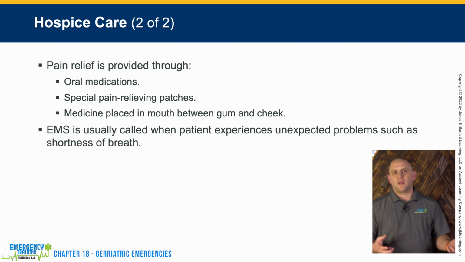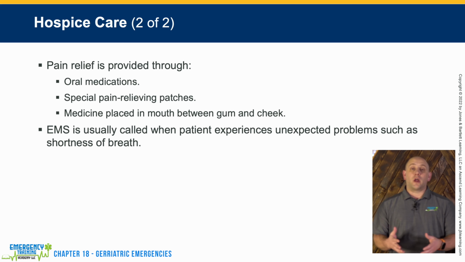Normally, when EMS is called to a hospice patient, it's because of a sudden, unexplained problem that has occurred. These patients have pretty strict rules that they follow, and if they're at home on hospice, families should know that they call the hospice care first.